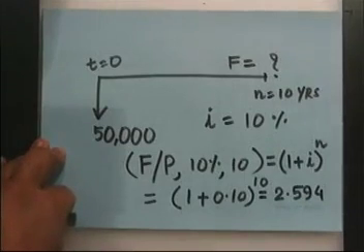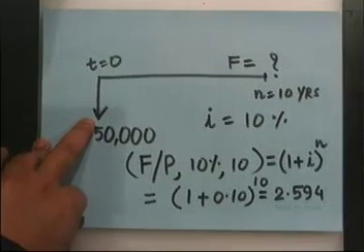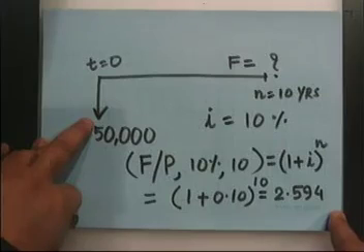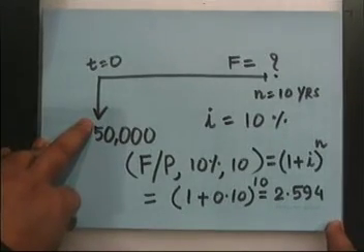What does this interest factor mean? This means that rupee 1 now is equivalent to 2.594 rupees at the end of year 10 at an interest rate of 10%. Clear?